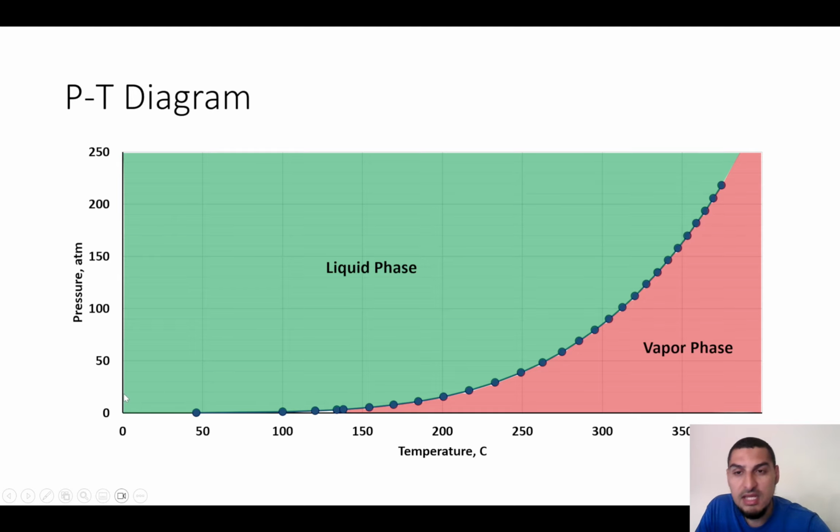The scale here is very large, from 0 to 250. So in order to cover this whole range, we had to squeeze the increment. For each increment here, we go from 0 to 50, from 50 to 100, and even these minor grid lines are 10. So it's 0, 10, 20, 30, 40. So the smallest unit that we have here is 10 atmospheres, which is a lot.